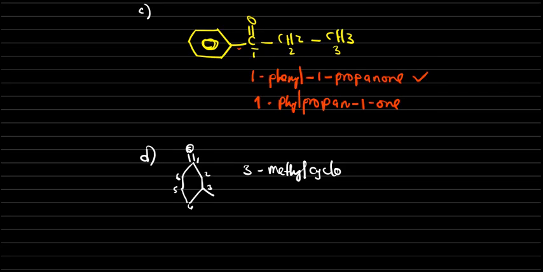1, 2, 3, 4, 5. Okay, this is a pentane. Why? Because the functional group now is not considered. That group is not considered. So how many do we have there? 1, 2, 3, 4, 5, 6. There are 6, so that would be a hex.